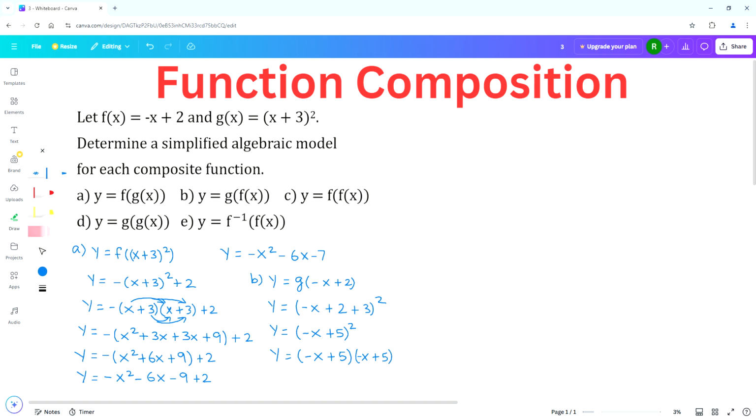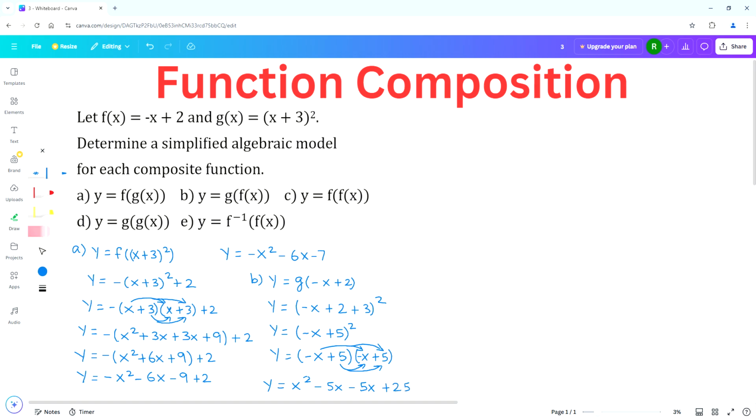Next, we can distribute the terms in the parentheses using the FOIL method. -x times -x is x². -x times 5 is -5x. 5 times -x is -5x. 5 times 5 is 25.